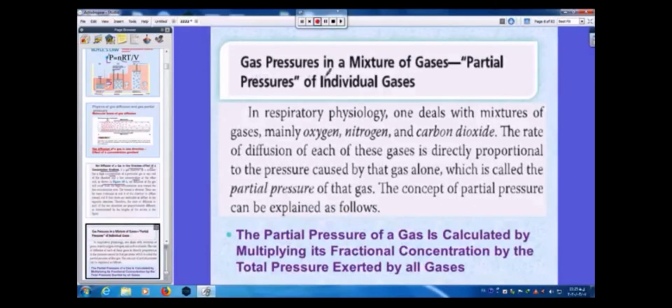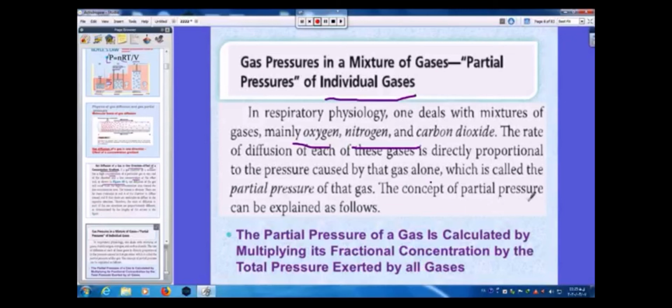The gas pressure in a mixture of gases is the sum of the partial pressures of the individual gases. In respiratory physiology, one deals with a mixture of gases, mainly oxygen, nitrogen, and carbon dioxide. The rate of diffusion of these gases is directly proportional to the pressure caused by that gas alone, which is called the partial pressure of the gas.